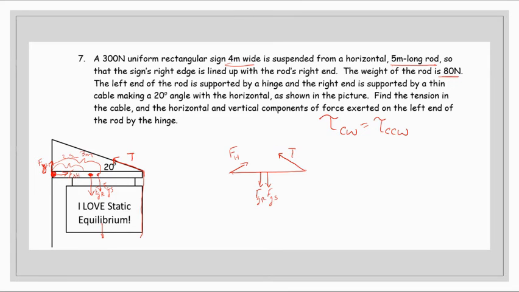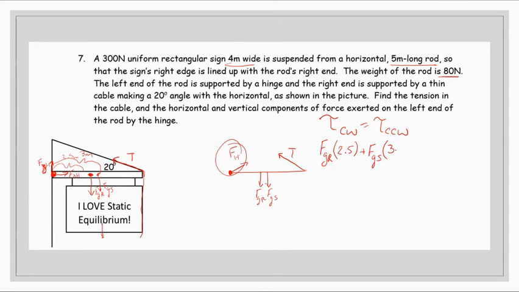If I set my pivot point at my hinge, this is not going to add to my torque. So my clockwise torque is going to be the force of gravity of my rod times the distance of my rod, which is 2.5, plus the force of gravity of my sign times 3 meters.